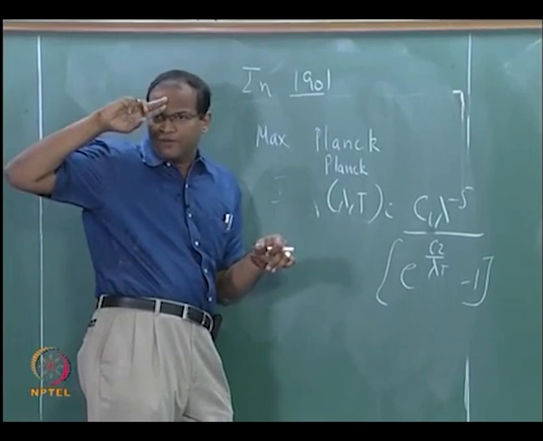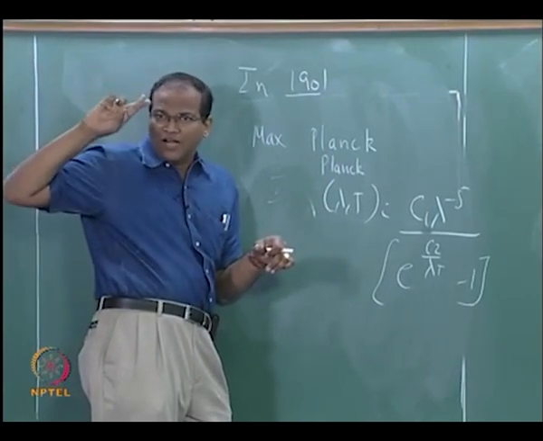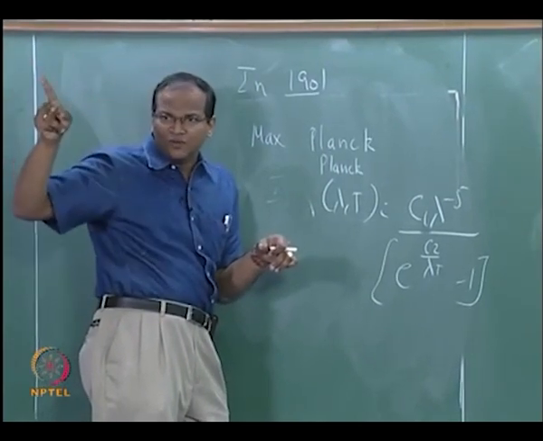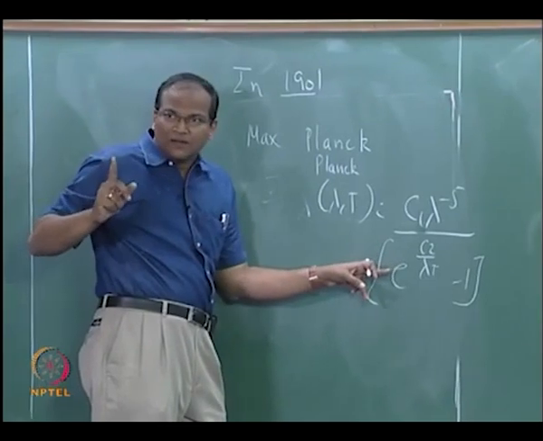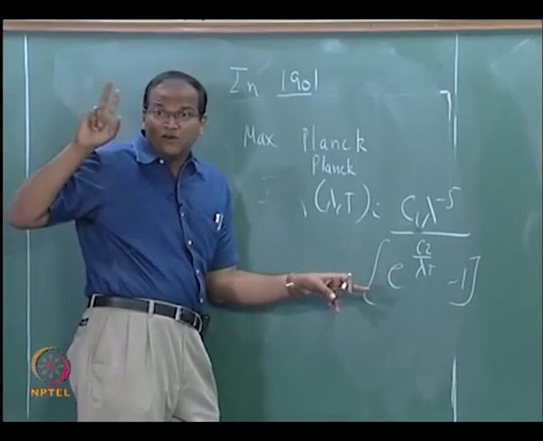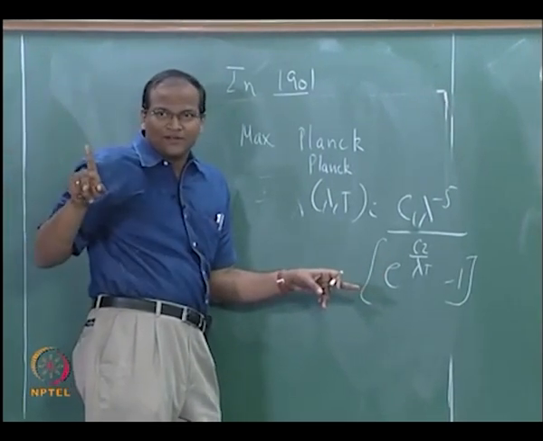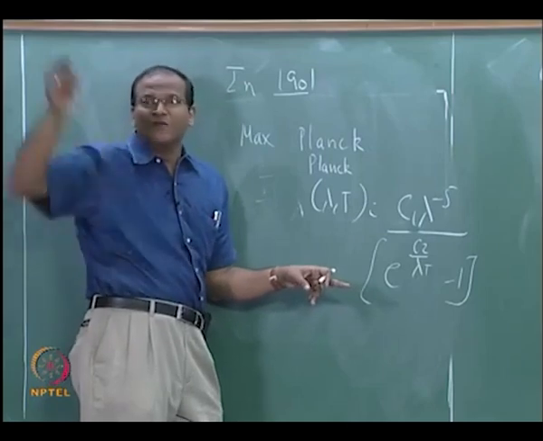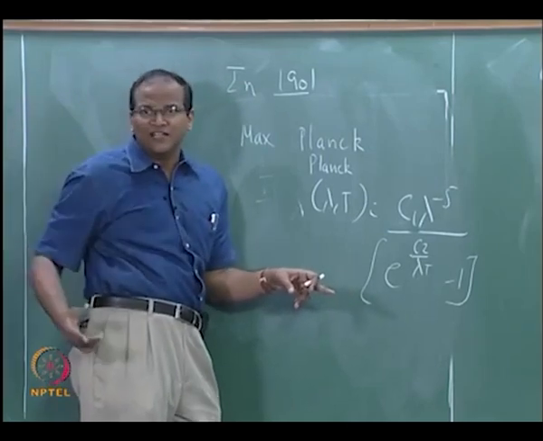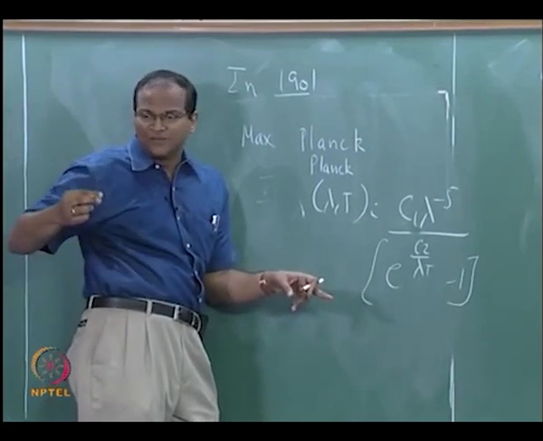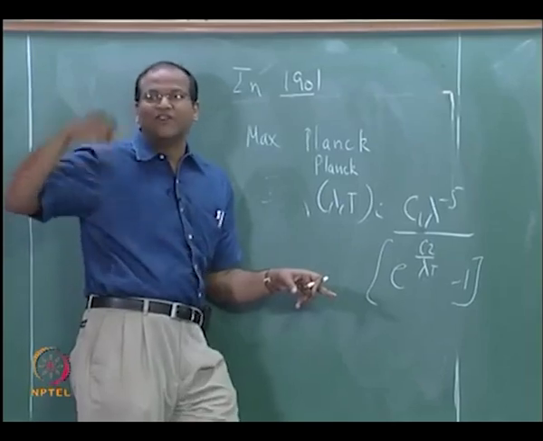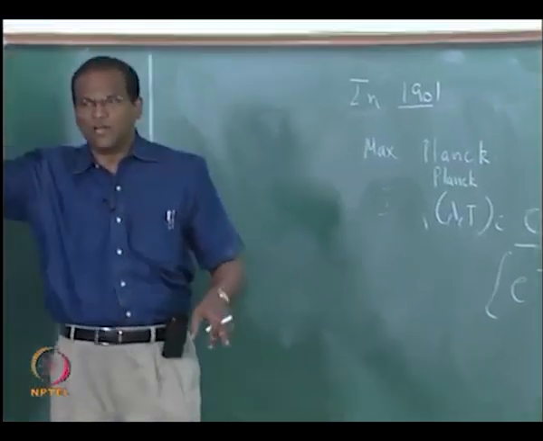Therefore Planck figured out that unless he uses E equals h nu, he will not get this result. Therefore E equals h nu must be correct. If E equals h nu, then continuous transfer of energy is not possible; energy is transferred only in steps of h nu. Therefore there is a quantum jump, 1 h nu, 2 h nu, and h cannot be infinitesimally small, h cannot be 0, h has to be a finite constant.